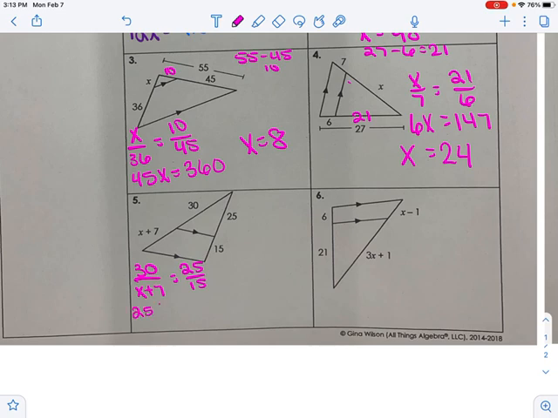So it is 25 times x plus 7 is equal to 30 times 15, which is 450. So make sure we do the distributive property. 25x plus 175 is equal to 450. When you subtract the 175 over, you should get 275. Divide by 25, and x should be 11.